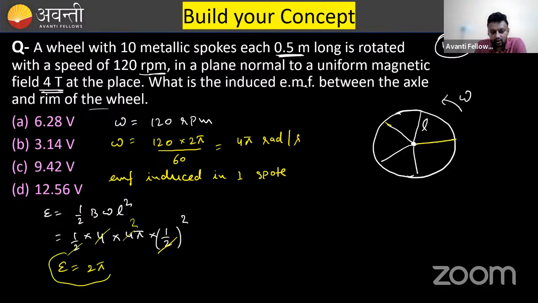This EMF is of one spoke. How many spokes are there? 10 spokes. So someone might answer very quickly that this is going to be 20 pi, but this is not 20 pi. Let's suppose there is a magnetic field B. Now each of these spokes, each rod will behave as a cell. Are you getting my point?